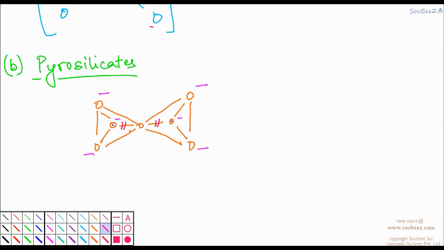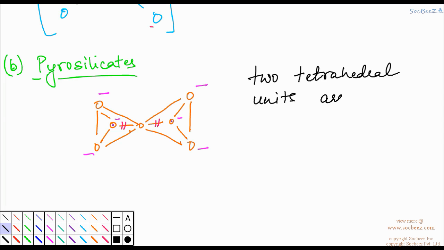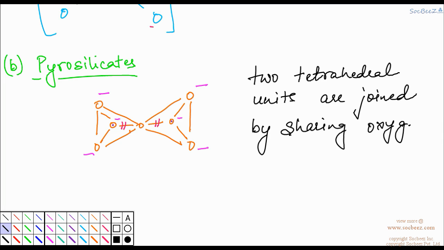Okay, so the important point over here is that two tetrahedral units are joined by sharing oxygen at one corner.